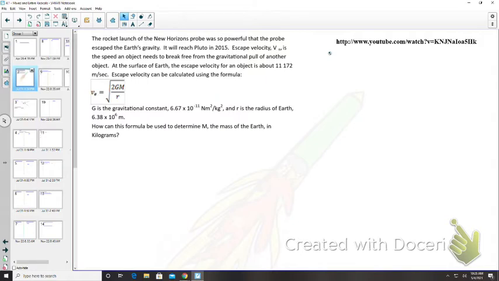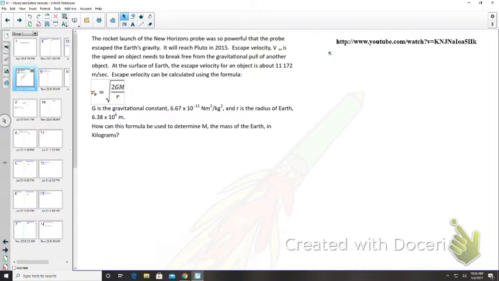You'd be burning. But yeah, you can use this escape velocity for any planet, and the important variables here are G, which is the gravitational constant that was calculated by Cavendish, R, the radius, and the mass also. And over here we have our escape velocity, that's VE.